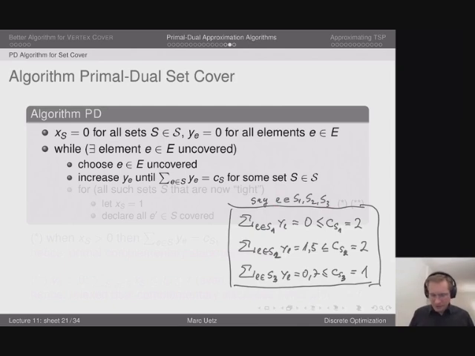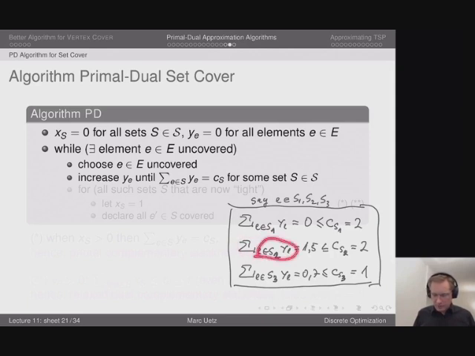then somewhere later in the algorithm, I look at the total sum of the YE values for this subset S1. So suppose this is equal to 1, and the constraint that we have to fulfill, a smaller equal constraint, says that it should be smaller equal than the cost of that set. Say this is 2 for the first set. Then this element E also appears in the second set S2.